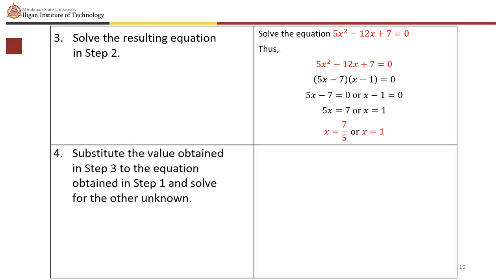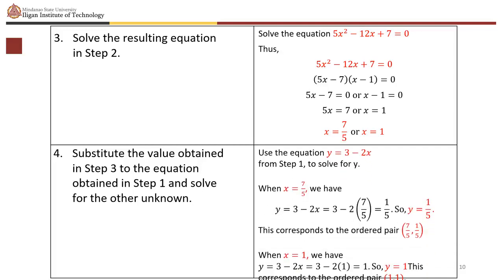For step 4, substitute the value obtained in step 3 into the equation obtained in step 1 and solve for the other unknown. We use the equation y equals 3 minus 2x from step 1 to solve for y.